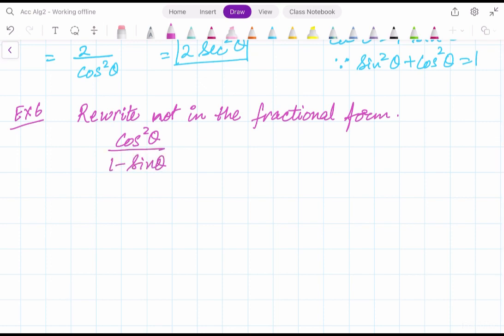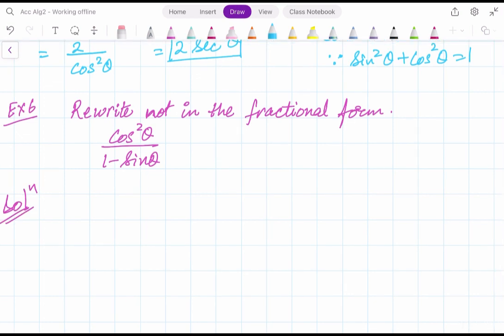We have cos squared theta divided by 1 minus sine theta. So can I rewrite cos squared theta as 1 minus sine squared theta? And what is 1 minus sine squared theta? That is in the form of a squared minus b squared.